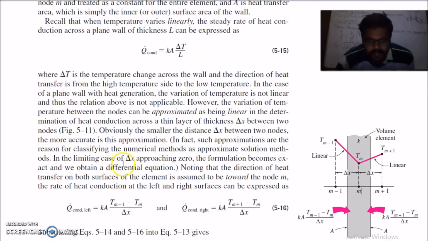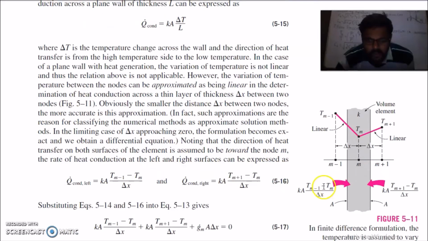In the limiting case of del x approaching 0, the formulation becomes exact and we obtain a differential equation, noting that the direction of heat transfer on both sides is towards this element, or towards this node, which is m. So from this side the direction of heat transfer is this, and from this side the direction of heat transfer is towards the m element.